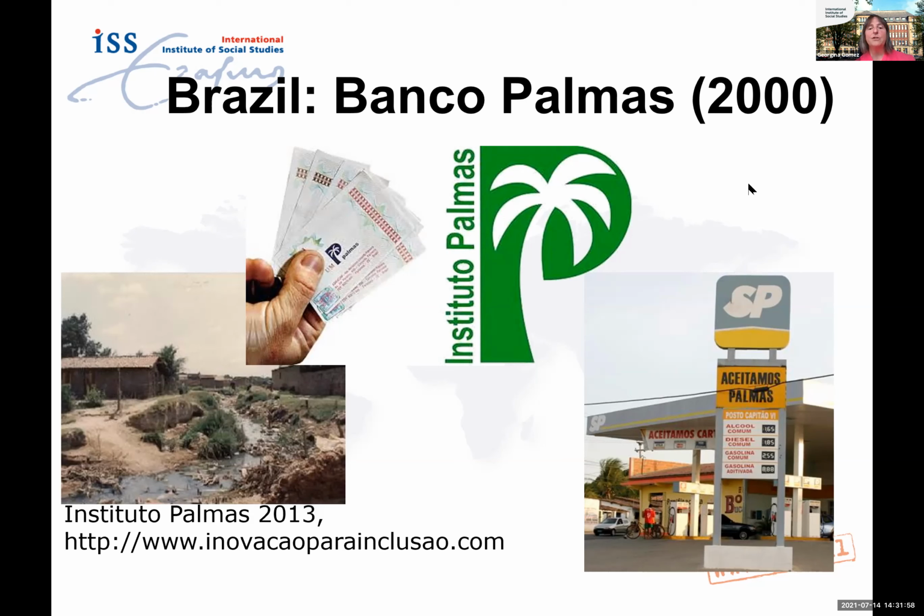And at some point, the community banks started issuing these banknotes. You see them here in the photograph. They were called palmas. The unit of account was called palmas. And it was something that people in this community could use to pay each other, but also to give credits to buy small things, usually to produce. So in terms of seeds, food produced in the community, and so on.